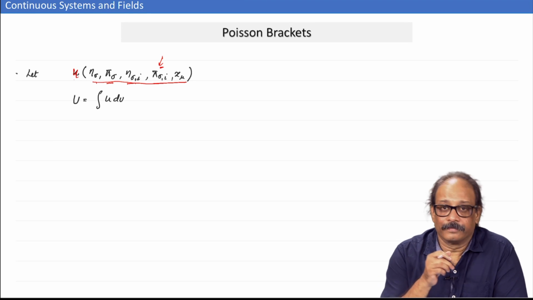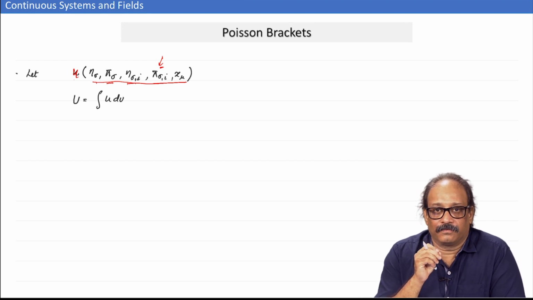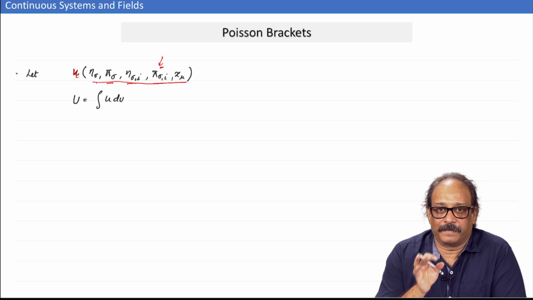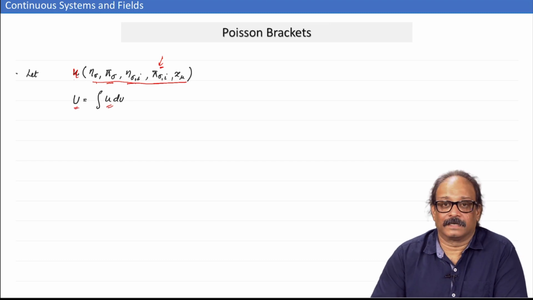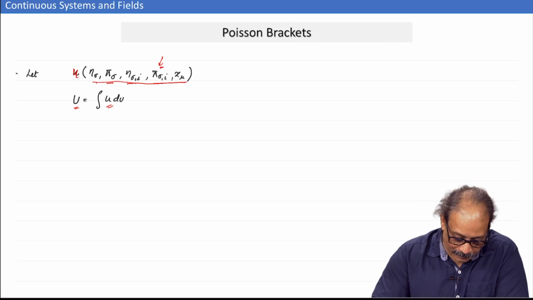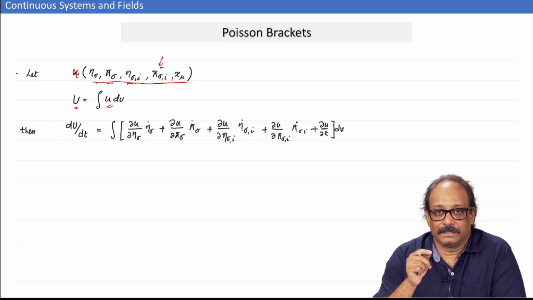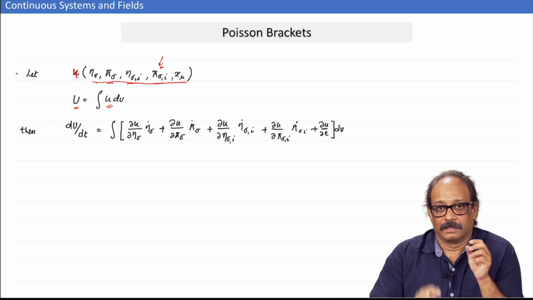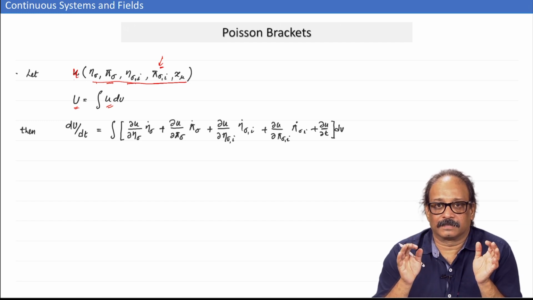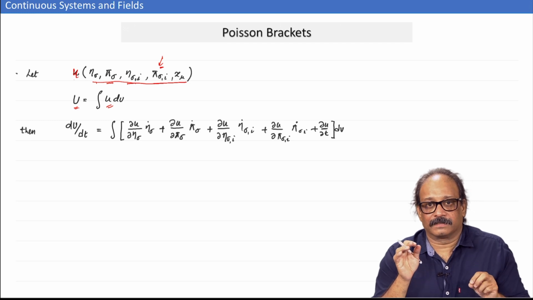And now you define capital U as integral of u over the space. Okay. So, U is the total quantity, small u is the density. And now, look at what happens to capital dU by dt. This is what we always wanted, capital dU by dt, that is integral, and now I can of course interchange the integration with respect to the space variables and the derivative with respect to time.